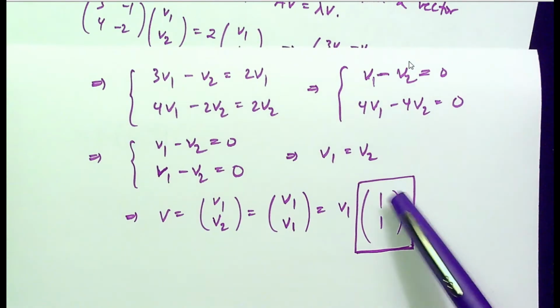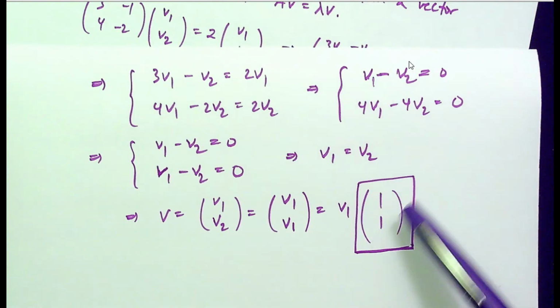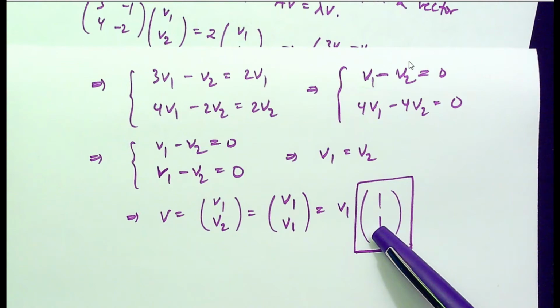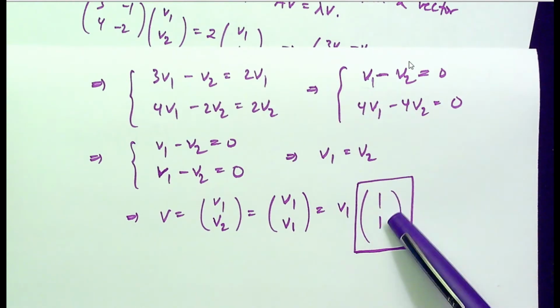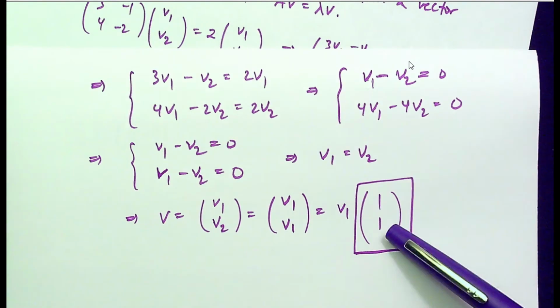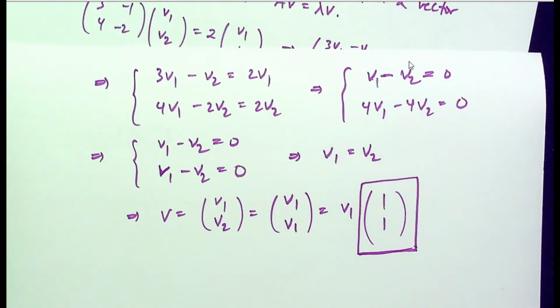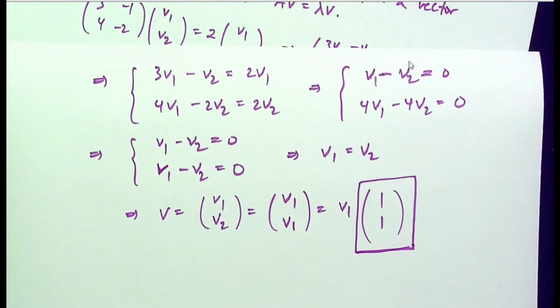Any multiple of 1, 1 is going to be an eigenvector for lambda. But we choose a main representative, which in this case we can choose to be 1, 1. That's like a basis for the set of all eigenvectors for that eigenvalue.